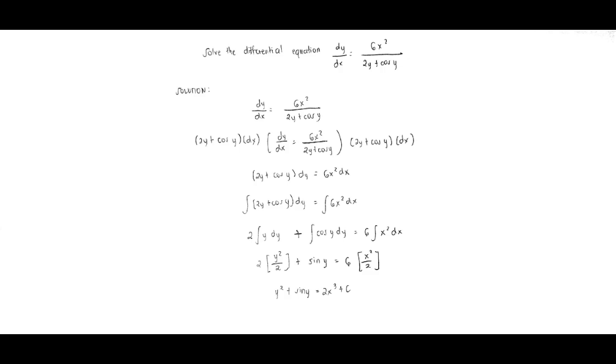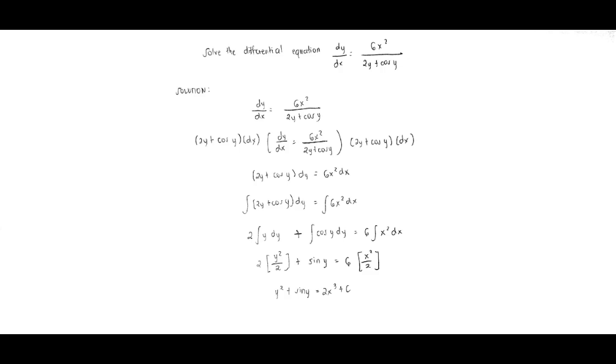So we have the integral of 2y plus cosine y dy equals the integral of 6x squared dx. Since 2 is a constant, we can put it outside the integral.